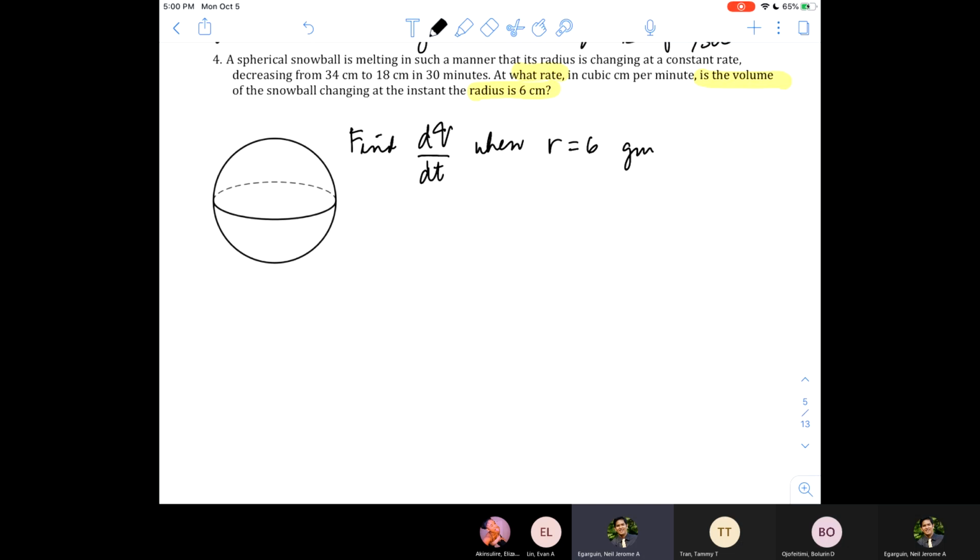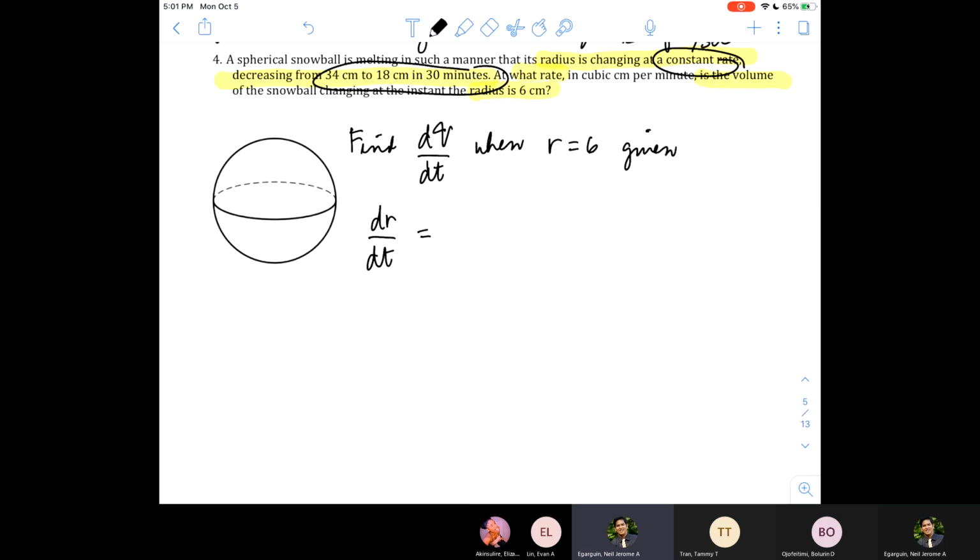And what is the given information? I think the only other given information here is that the radius is changing at a constant rate. From 34, it became 18 centimeters in 30 minutes. So that means dr over dt, and the key word here is that the radius is changing at a constant rate. It's a constant rate per minute, so it doesn't depend on the radius itself.